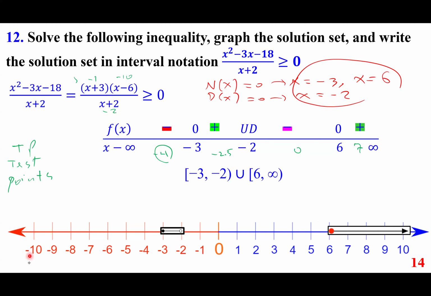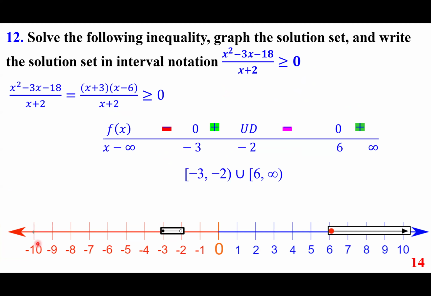What I want to add is this. Even if we had a product, let me erase everything. If we had x plus 3 times x minus 6 times x plus 2 larger than or equal to 0, we would use basically the same sign graph.